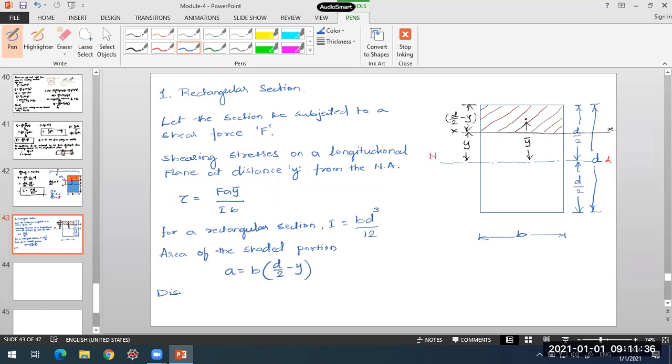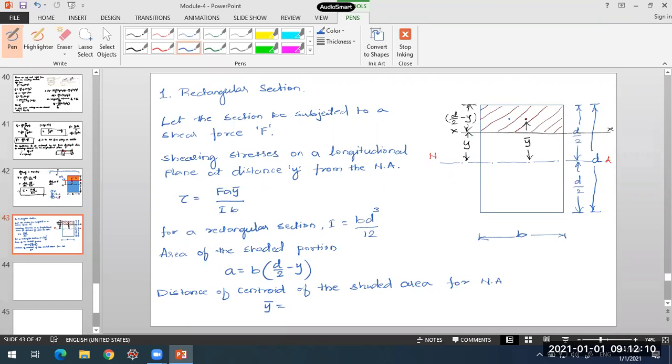Now, the distance of the centroid. What is the distance of the centroid of the shaded area from our neutral axis? That is this y bar, which we are actually calculating. So y bar will be equal to y plus half of d by 2 minus y.